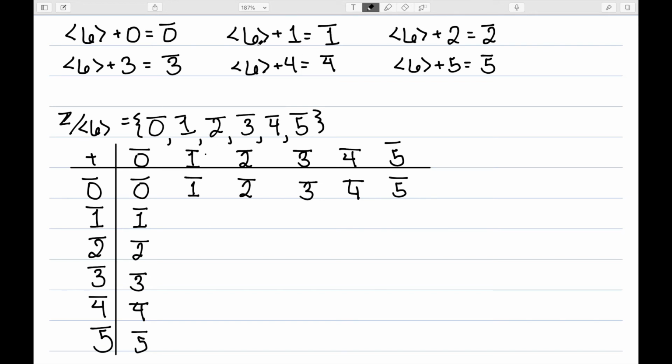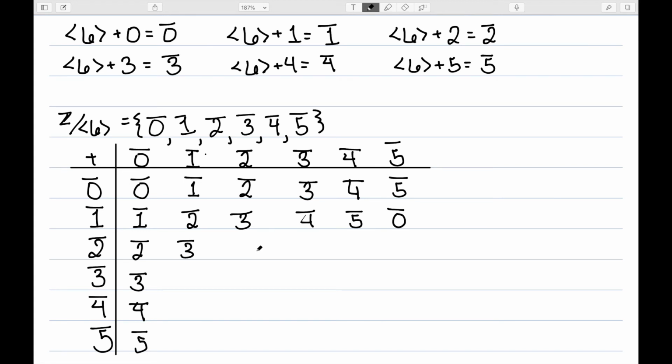I'm adding the subgroup generated by 6 plus 1, and then the subgroup generated by 6 plus 1, I just add those 1s to get 2. 1 and 2 would give me 3, 1 and 3 gives 4, 1 and 4 gives 5, and then 1 and 6. The subgroup generated by 6 plus 6 is the same as the subgroup generated by 6 plus 0.